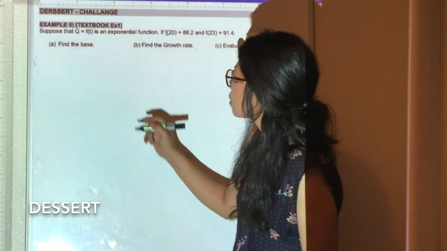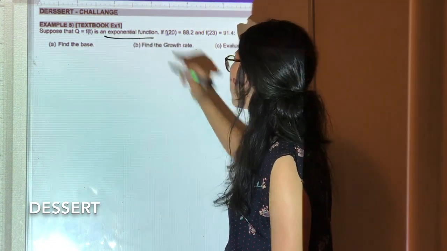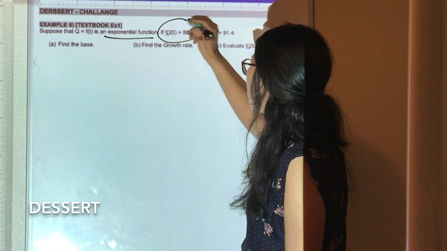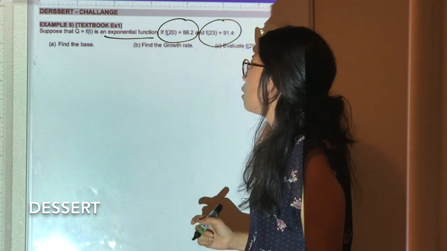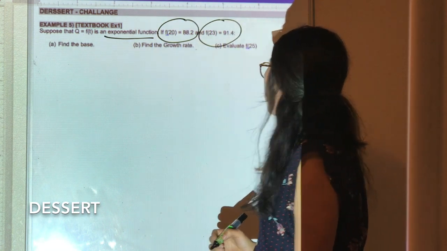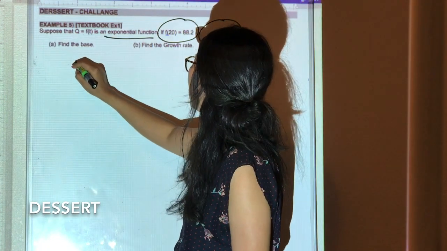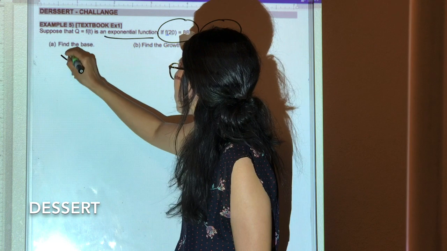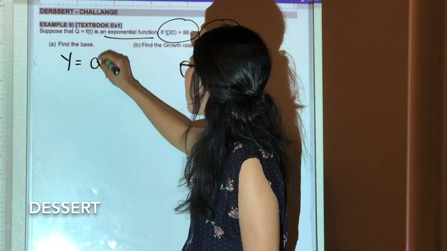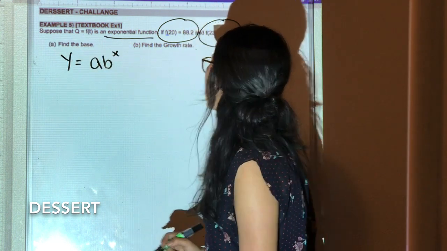So here it says the function is an exponential function, and they gave me those 2 coordinates. I want to find the base, the growth rate, and then evaluate the given function. So let's look here. I know the exponential function has a times b to the x as its form.